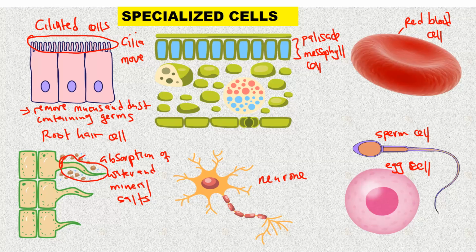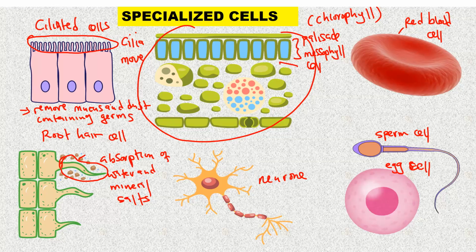Okay, let us look at the palisade mesophyll. Now, these contain chlorophyll, and that is where photosynthesis takes place. Chlorophyll absorbs light energy used to split water molecules in the process of photosynthesis. So in other words, that is where photosynthesis takes place. Sometimes you find a structure like a leaf with parts labeled A, B, C, and they ask you where most photosynthesis takes place.